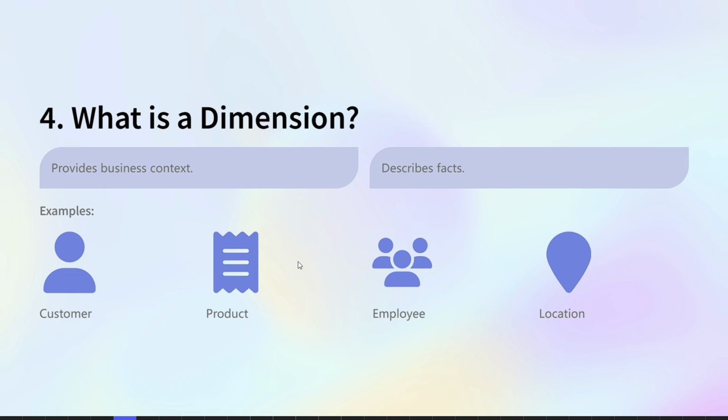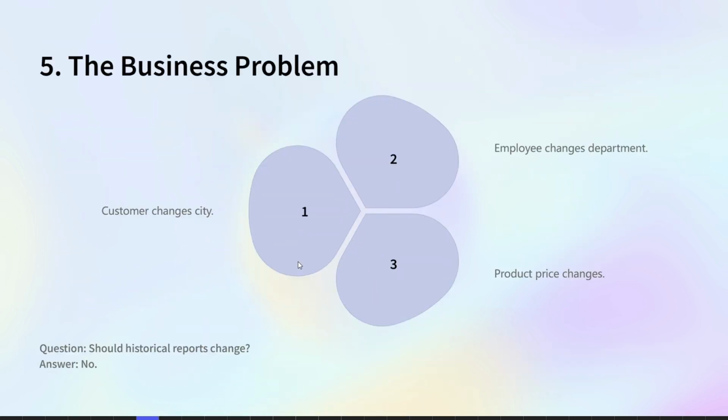Next thing is, why do we need SCD? Before that, we understand the business problem. In an operational system, which we can call OLTP, data is usually updated or overwritten.